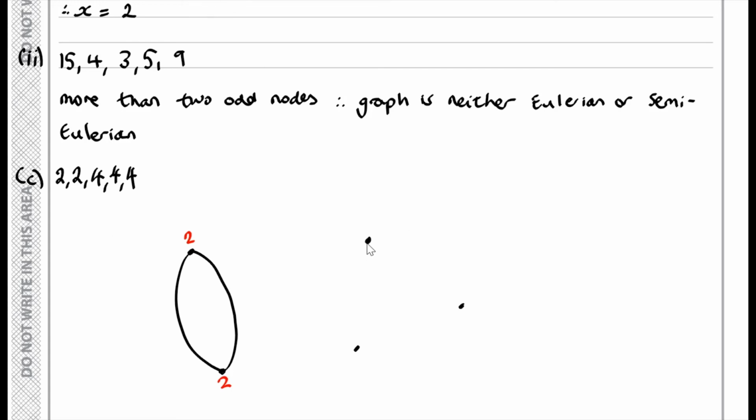Well, if we connect this to this, this to this, and this to this, so far you can see that here we have 2, 2, 2, but instead we want 4, 4, 4.